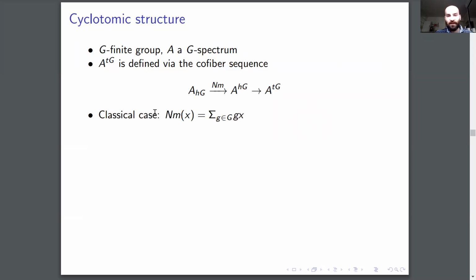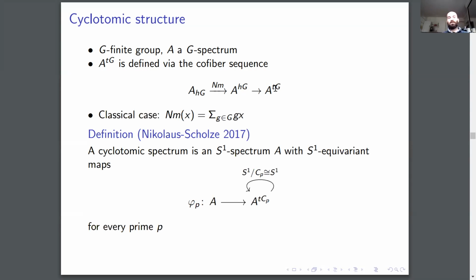Classically, if you were working with just G-modules and taking straightforward fixed points and orbits, this map is given pointwise. For spectra, you need to do extra work to show that there is a norm map, but there is a norm map. And the Tate construction is defined to be the cofiber of this map. Okay, so you get this map, find the cofiber. And now we're ready to define what a cyclotomic spectrum is.